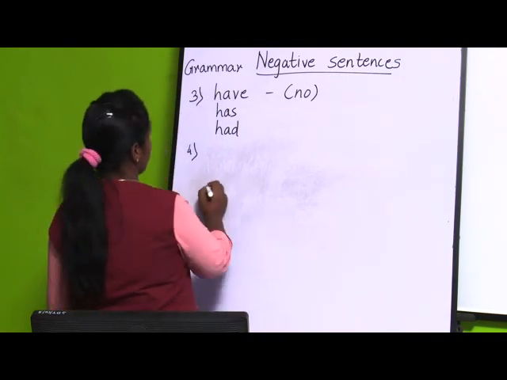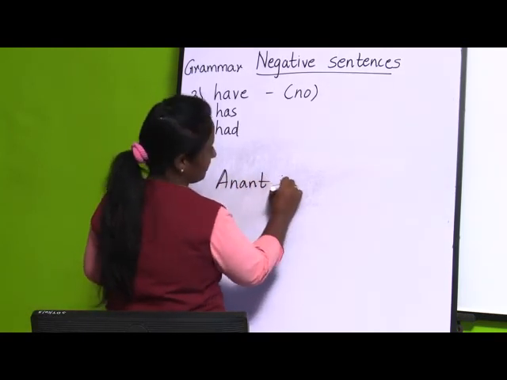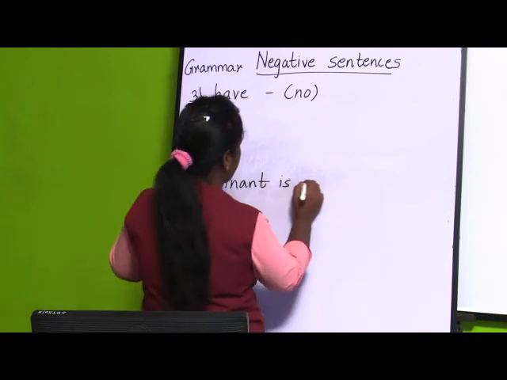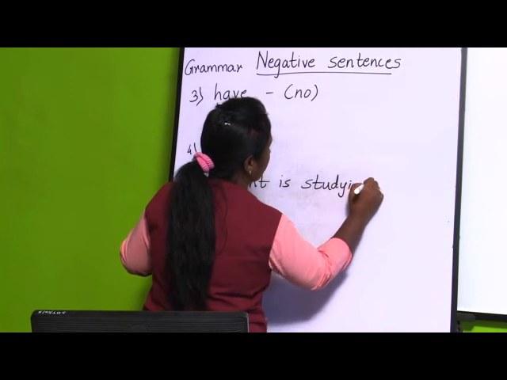Also, see, when the verbs consist of more than one word in the sentence. For example, if we write like this, Anant is studying. This is a positive sentence. Now I want to make it negative.